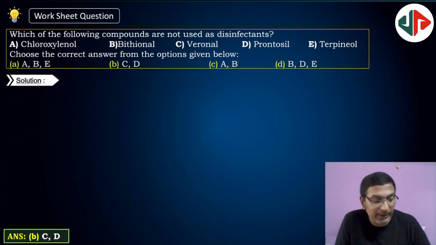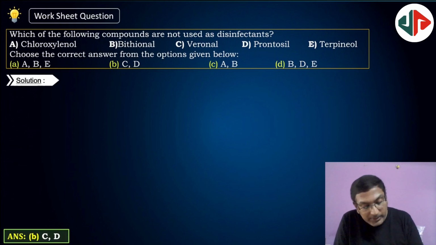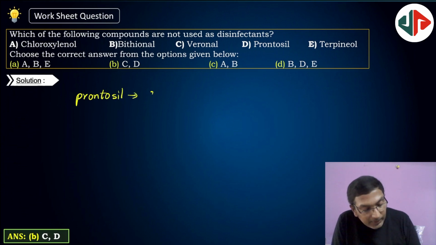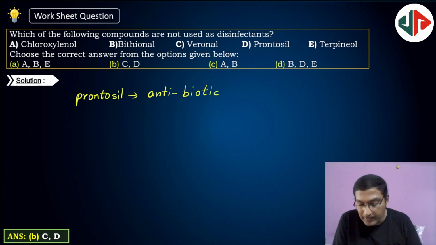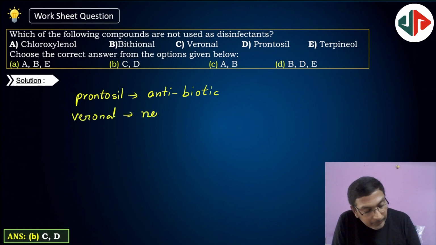So which of the following compounds are not used as disinfectants? Say prontosil, antibiotic, next veronal, neurological.